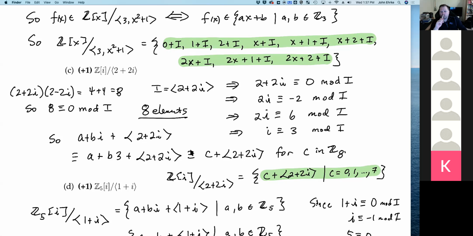So you ended up with 4 elements. 2 plus 2i times 1 minus i. Minus i, 1 minus i, so it would have to absorb it.